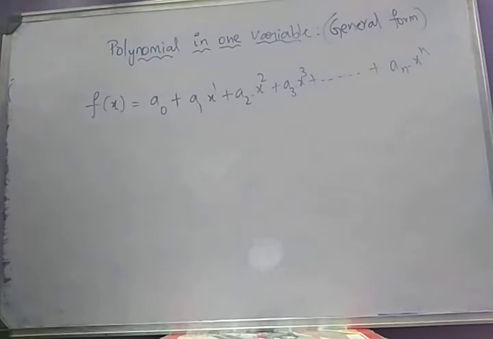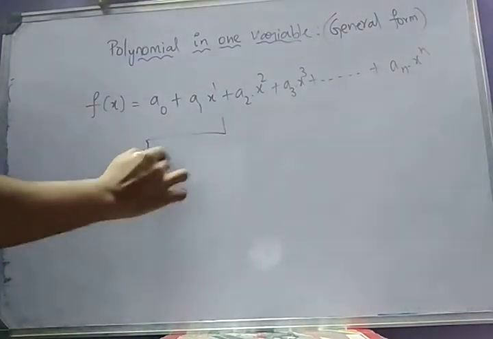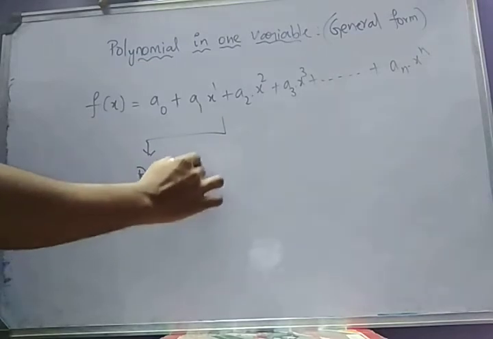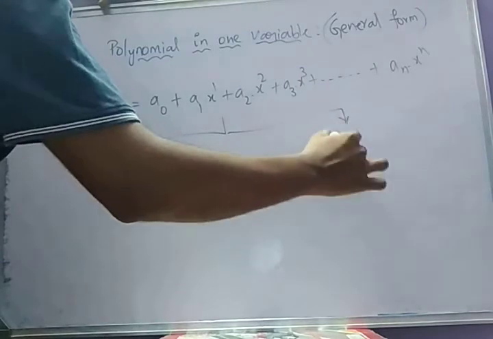Here if you see, there are two types of polynomials if you want to classify in this case. So the two types are, the first one is a real polynomial and the second one is a complex polynomial.